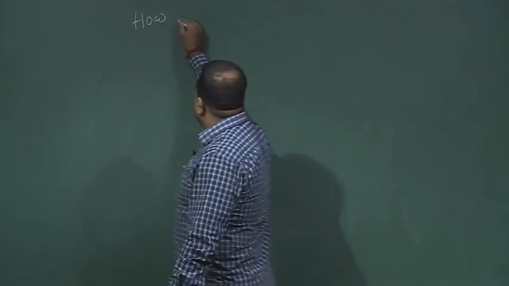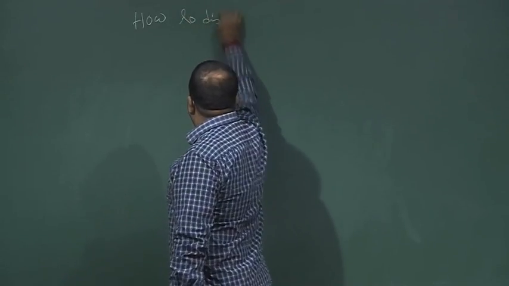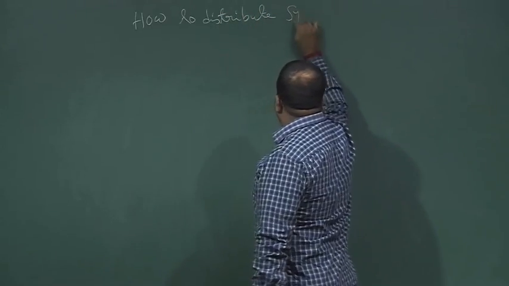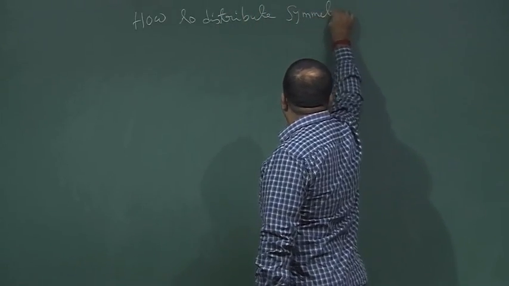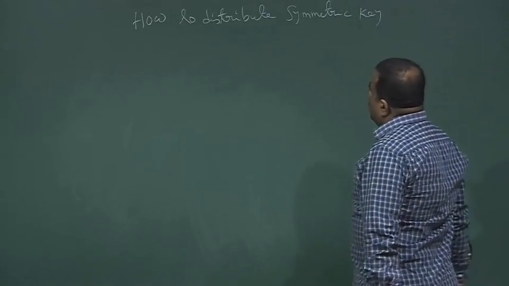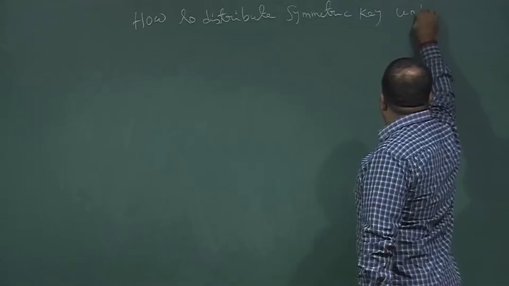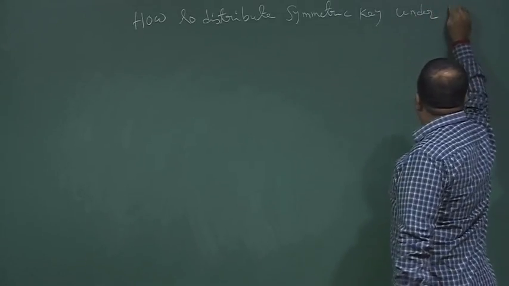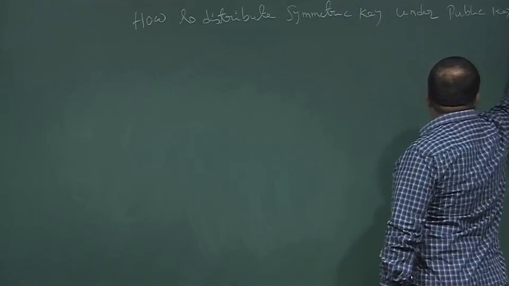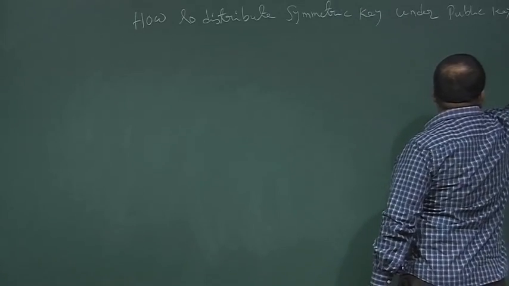So the question is how to distribute the symmetric key under the public key setup.